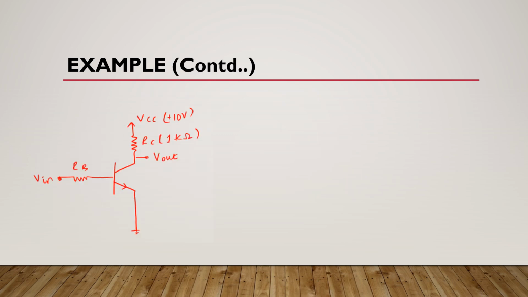Now for the same transistor circuit, if you want to find the minimum value of base current that is needed to saturate this transistor, if beta is 200, and suppose you neglect the saturated value of this voltage drop, how are you going to find this minimum value of base current?